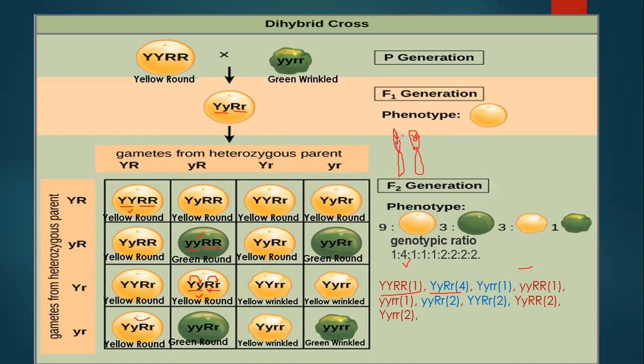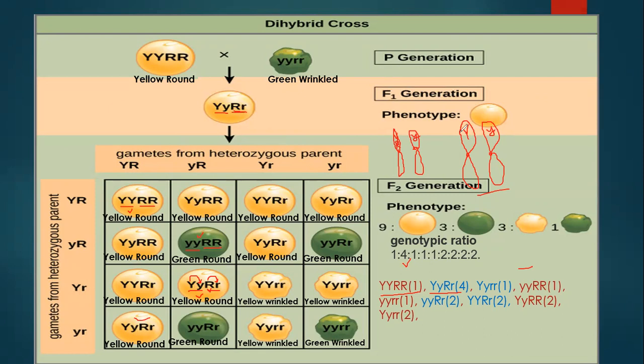Now the second trait, if this capital R is... this is a bit hazy, so I'll just draw one more. So you have this, and these are homologous pairs of chromosomes, and the allelic pairs for each trait are present on a homologous pair of chromosome.